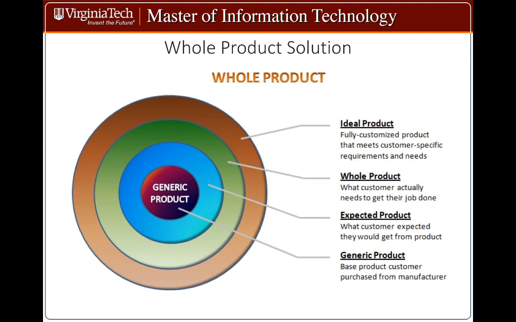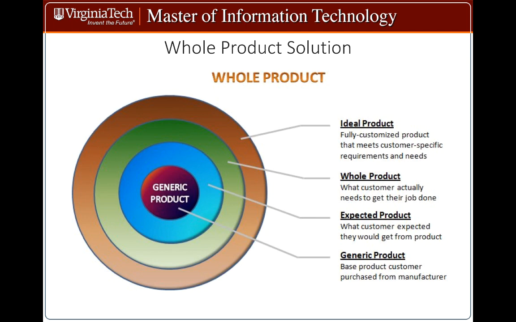And so building on that generic product, that expected product is what the customer thinks they're getting, oftentimes based on the sales pitch. And if we think about a pragmatic customer, they want you to work through identifying critical features and critical experiences that they want to obtain through consuming the product.